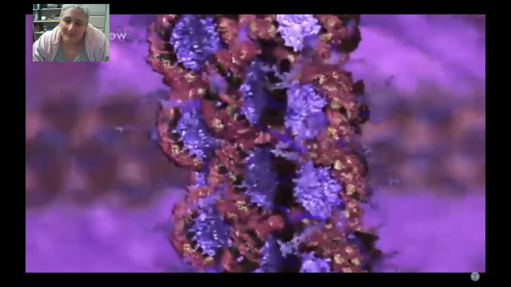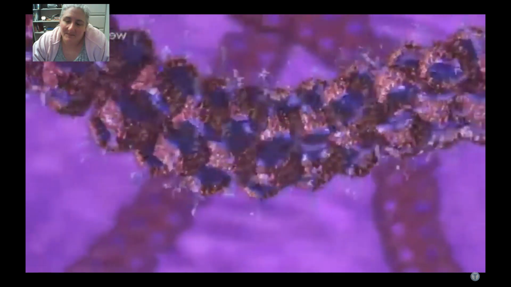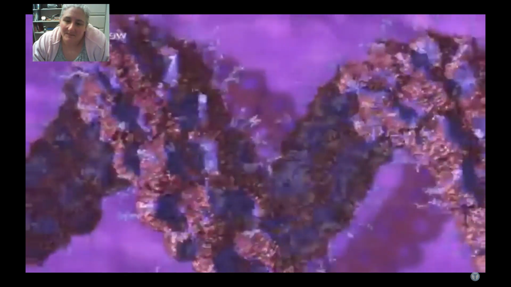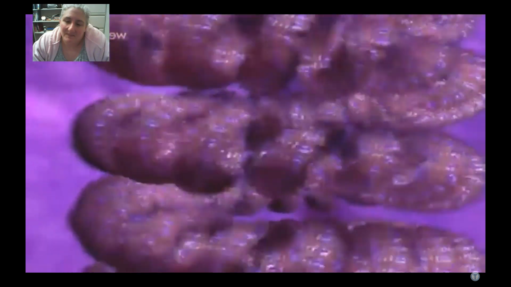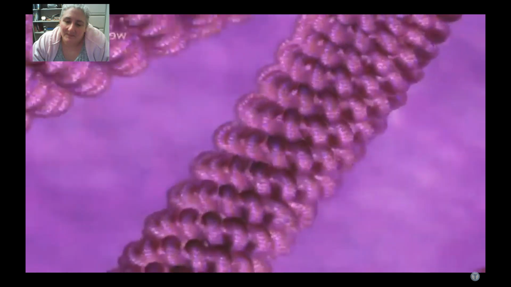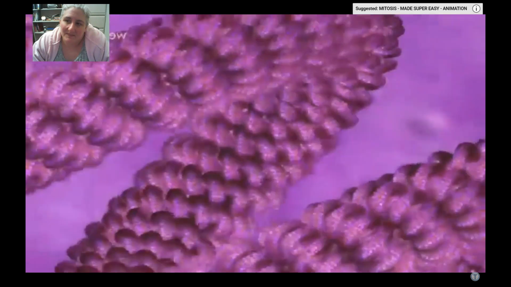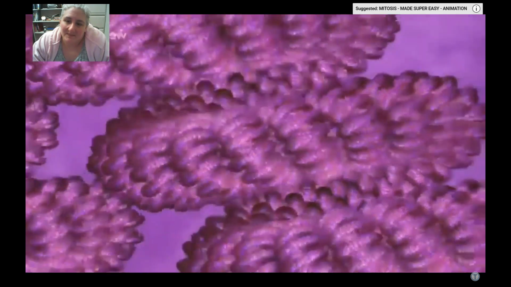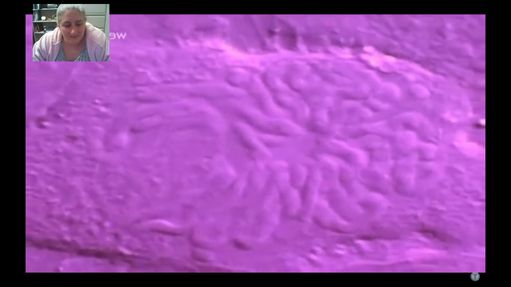The end result is a fiber known as chromatin. This fiber is then looped and coiled yet again. Leading finally to the familiar shapes known as chromosomes, which can be seen in the nucleus of dividing cells.